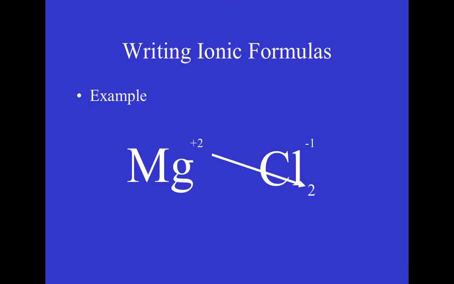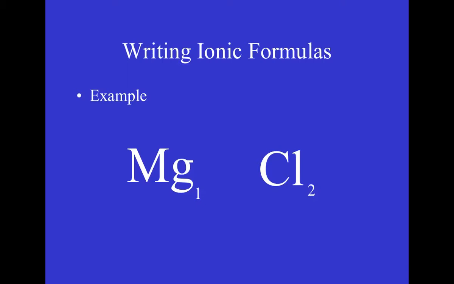The 2 comes down and becomes a subscript on my chlorine. When that happens, the +2 goes away on the magnesium. Now the 1 from my chlorine comes down and becomes a subscript on my magnesium. That means the -1 goes away on my chlorine.